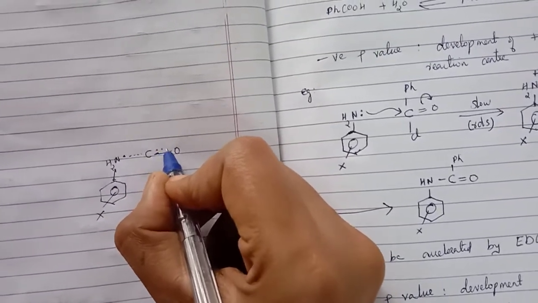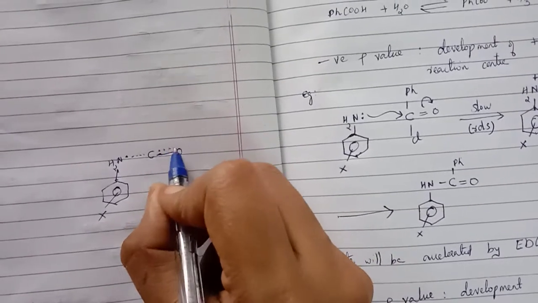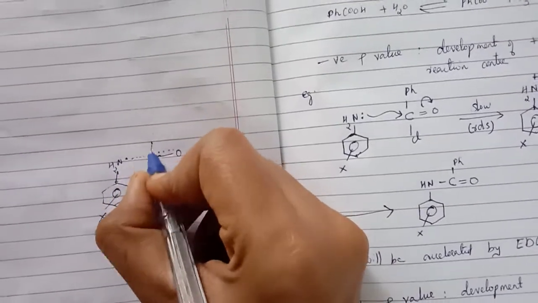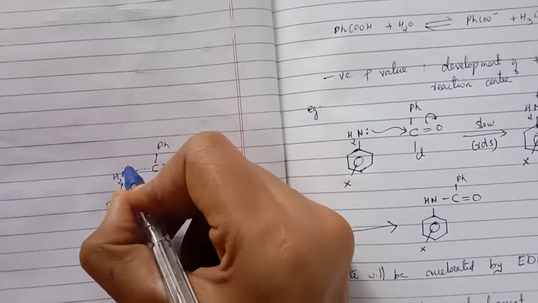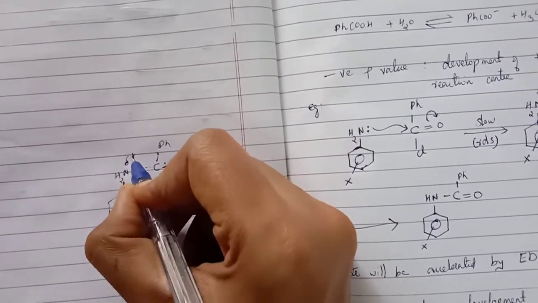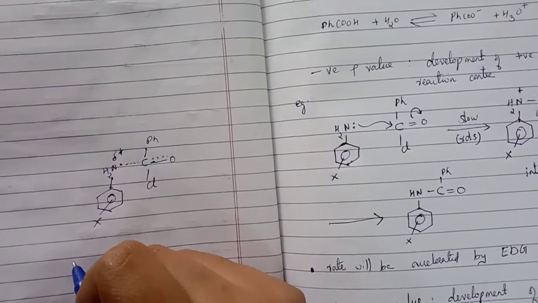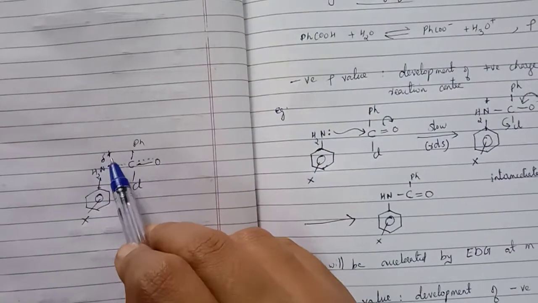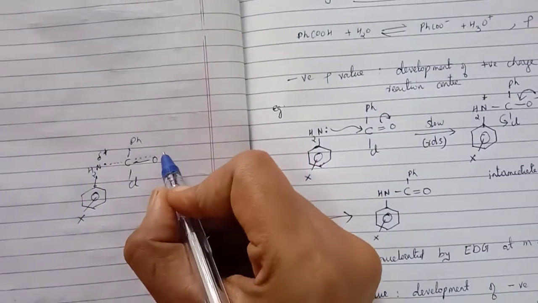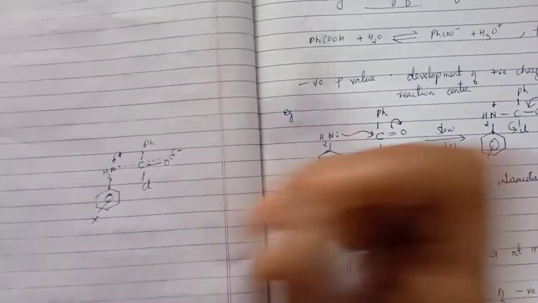The C double bond O, the double bond will be weakened like this. Nitrogen will have a delta positive charge. Here it has a full positive charge, in the transition state it will have a delta positive charge, and here it has a delta negative charge.